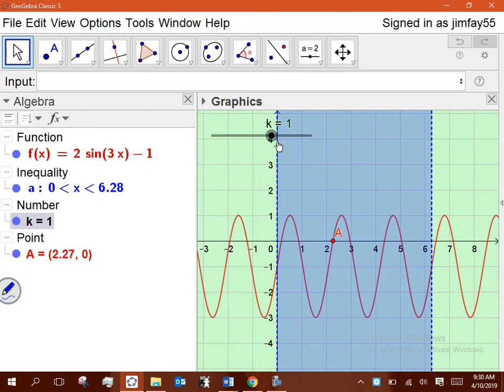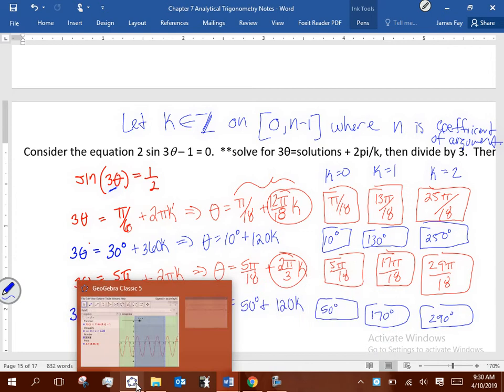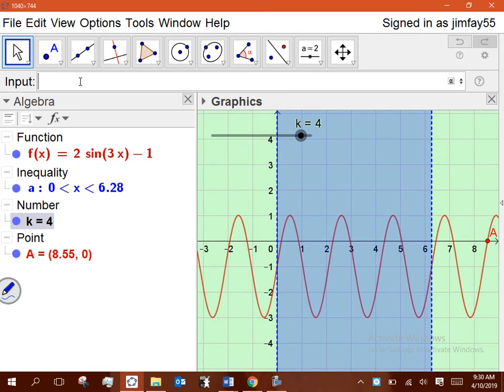However, if they don't give me the interval, if they don't care what I'm solving this on, and they want the infinite solutions, we could be done right here, right? We only had to do this because we wanted the solutions that were inside 0 to 2 pi. The other point was 5 pi over 18, right?